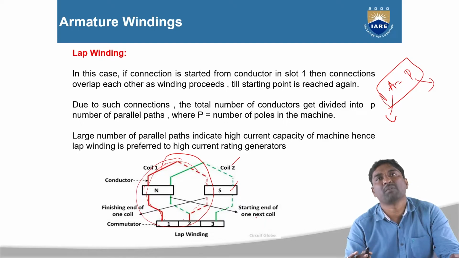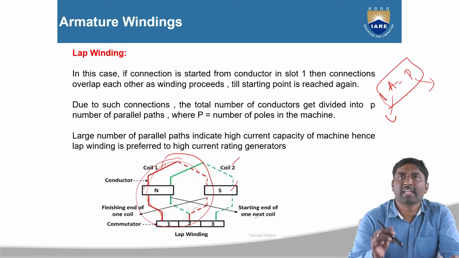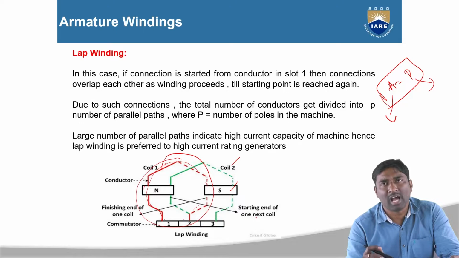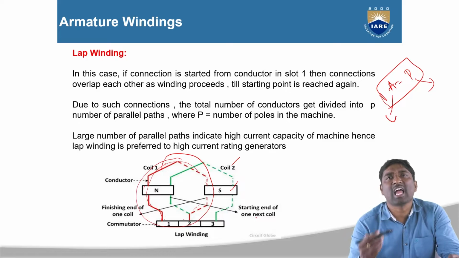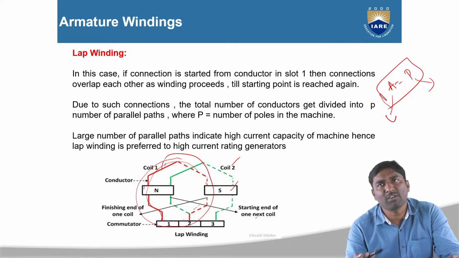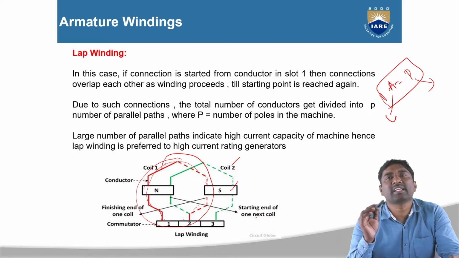So that's why the number of parallel paths is equal to the number of poles in the machine in the case of lap winding. A large number of parallel paths indicates high current capacity of the machine. That's why lap winding is preferred for high current rating generators.